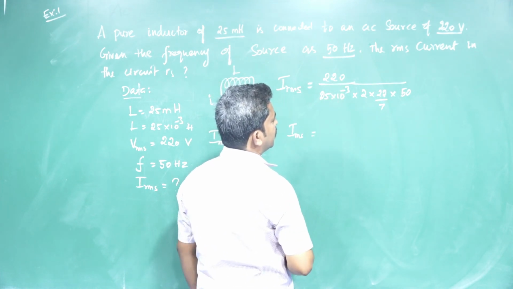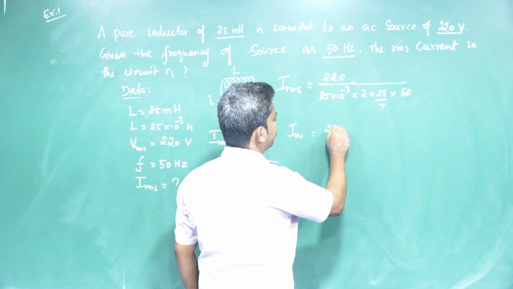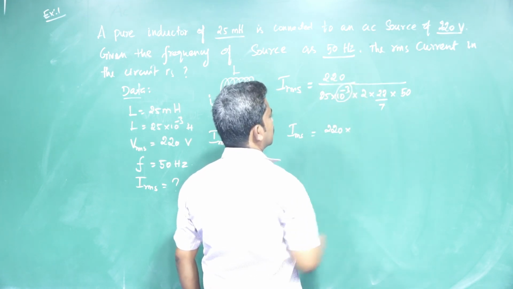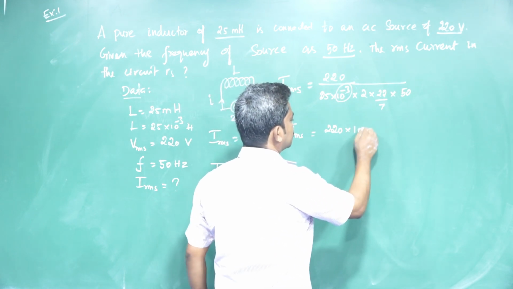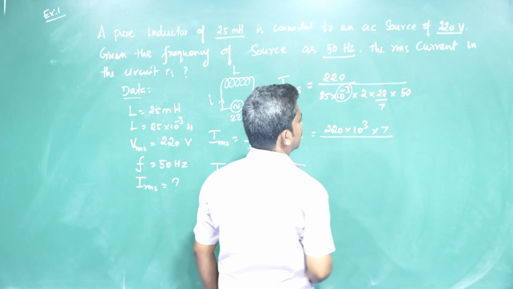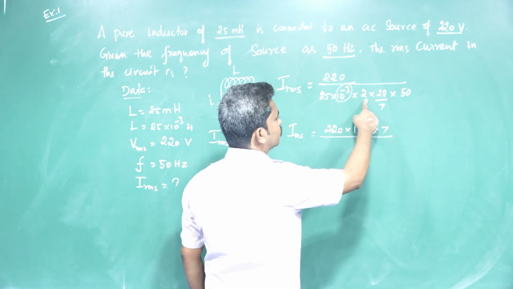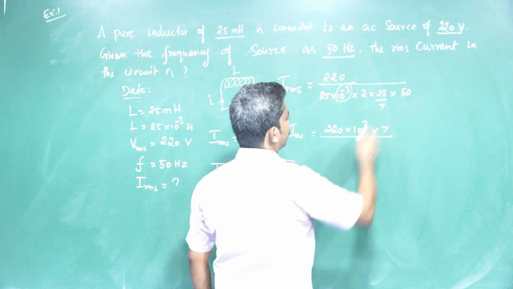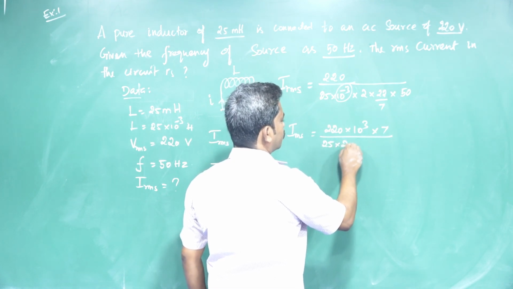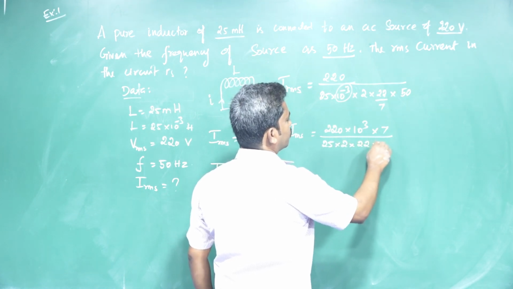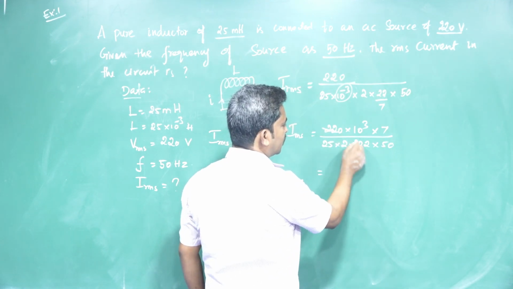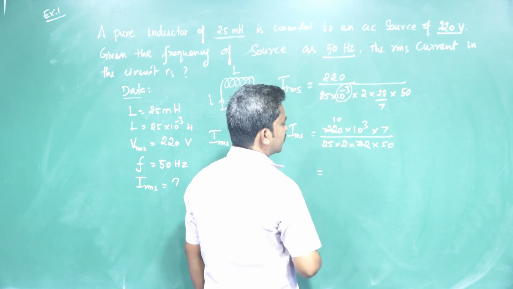Easily cancel, the value is 220 into 10 power minus 3. The 10 power minus 3 goes from denominator to numerator, 10 power plus 3, in 7 into 7 divided by 25 into 2 into 22 into 50. 22 cancels, this is 10.